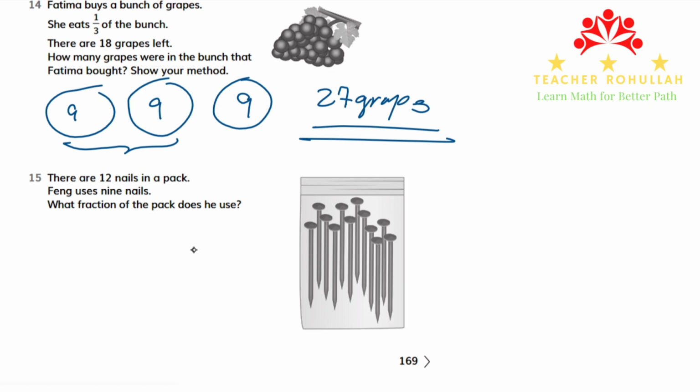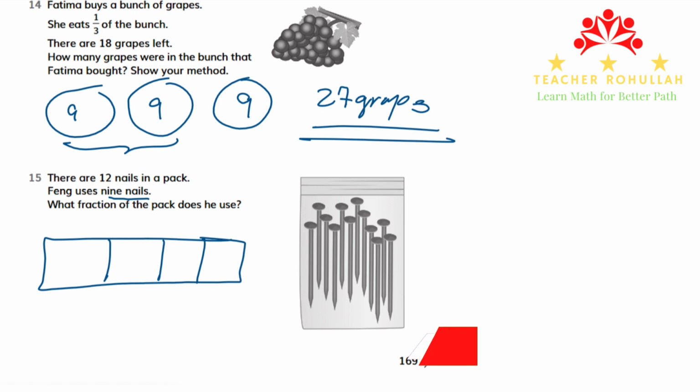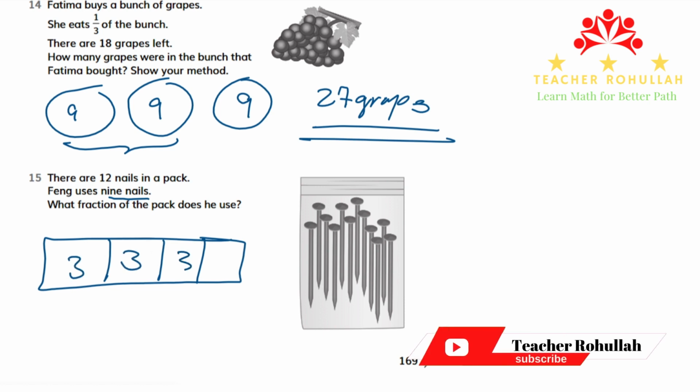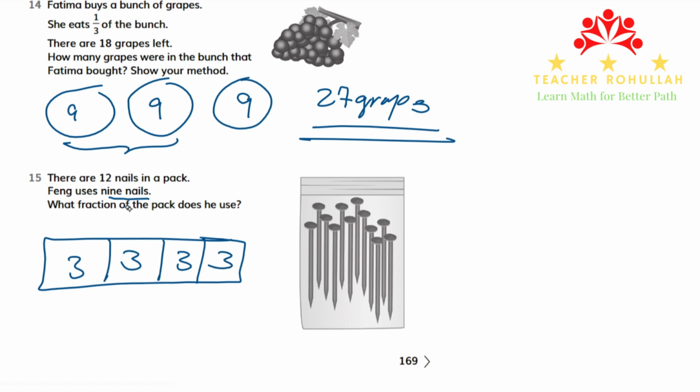We can make groups of 4. Let me draw a strip. In this strip, we will have 4 equal groups. If we make 3 equal groups, we will not end up with 9 nails. So in each group, we have 3, 3, 3 here, 3 here, and 3 here.